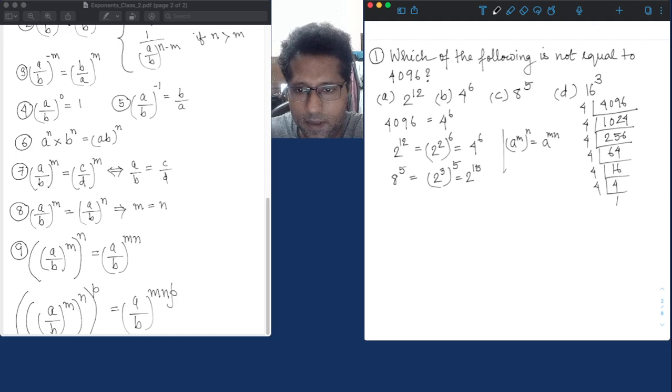Now again, if you want to convert it with the base 4, since we are comparing, since we have expressed 4096 as 4 to the power 6, we have to check all other choices with base 4. So we have seen that choice A 2 to the power 12 is 4 to the power 6, choice B is already given 4 to the power 6, and C 8 to the power 5 is 2 cube whole to the power 5, and this is 2 to the power 15.